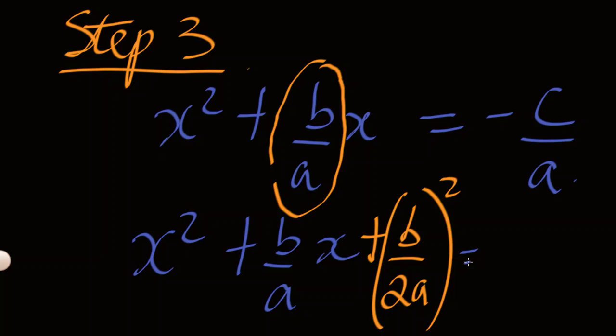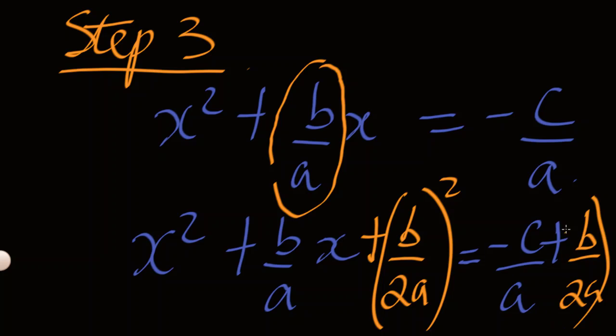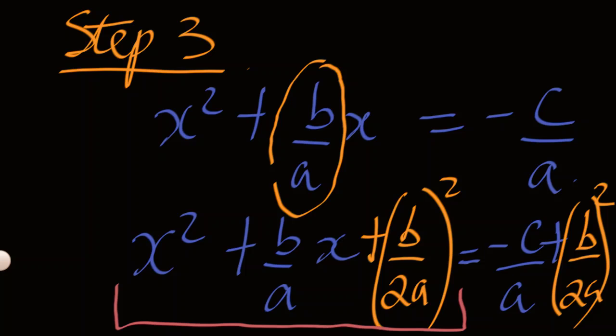This is equals to minus c over a plus b over 2a squared. I'm adding b over 2a squared to both sides of my equation. And if I do that, this part here is my complete square.